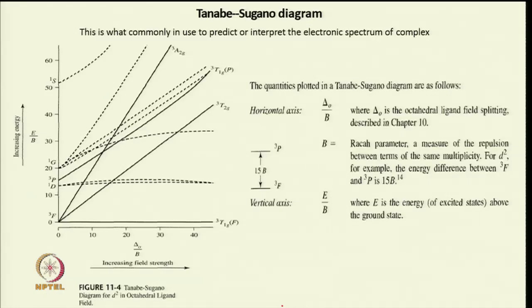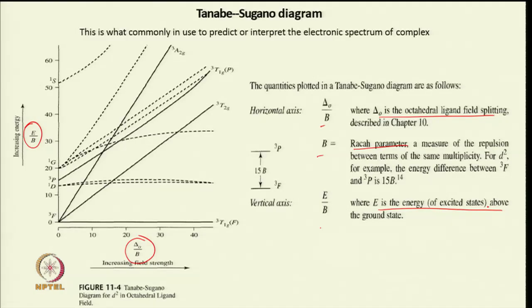Now, the third diagram to explain this d-d transition is the Tanabe-Sugano diagram, and it is quite similar to the Orgel diagram. What we generally do is plot E by B versus delta naught by B, where delta naught by B is the octahedral ligand field splitting, B is the Racah parameter, and E by B is the energy of the excited state above the ground state.